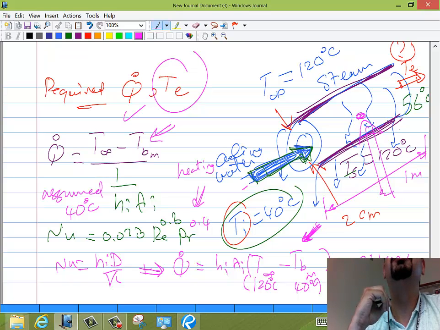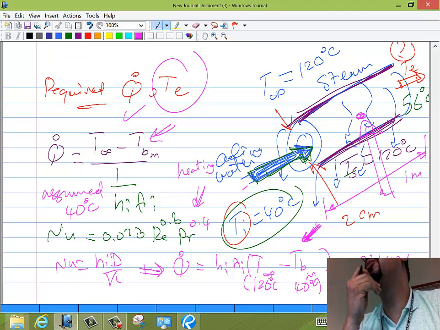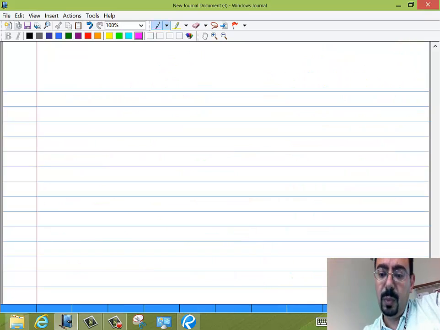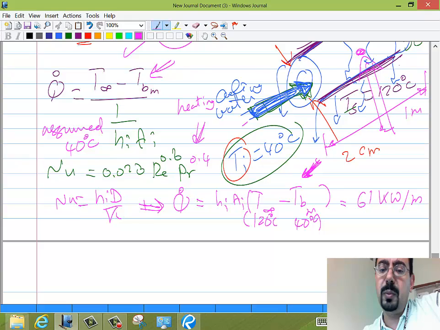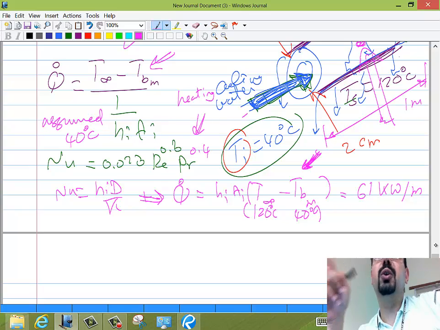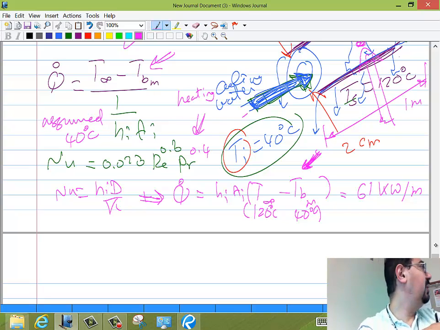For a free homework, delta T logarithmic mean? Yeah. What do you mean? Isn't that the same thing as T infinity minus T bulk mean? You're setting Q equal to HI A. Let's answer your question after someone first gives me the T exit. Jesse is asking why we said T infinity minus T bulk mean.